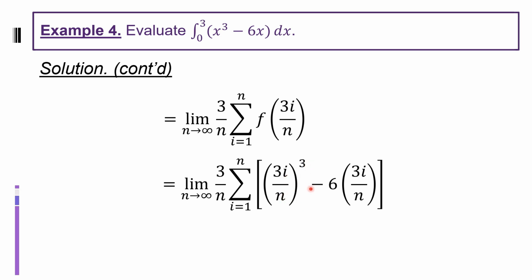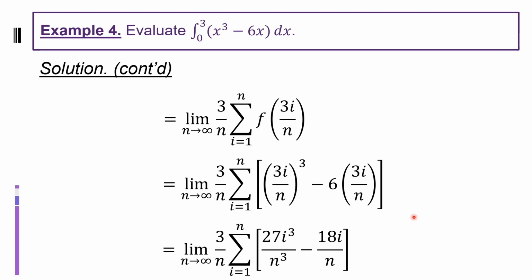over n cubed minus 6 times 3i over n, para makuha natin yung summation and then the limit. And that is, pag pinasok natin yung cube, 27i cubed over n cubed minus 6 times 3i is 18i over n. Okay?